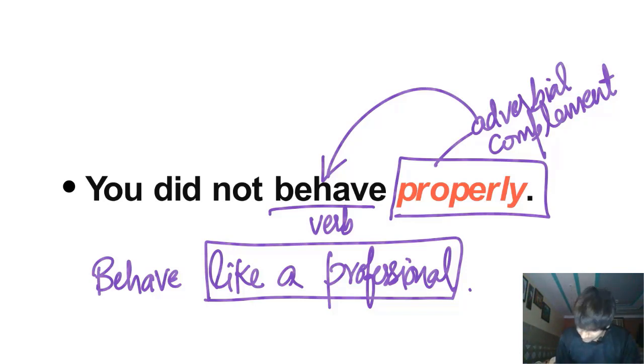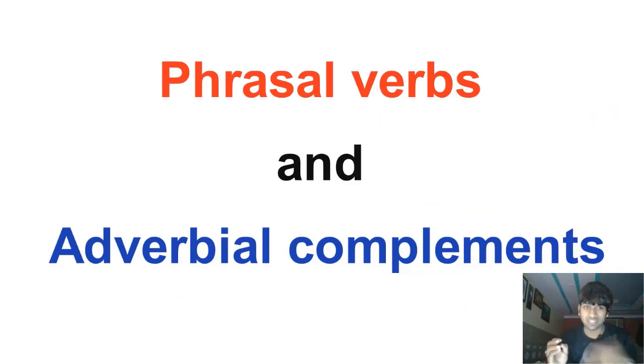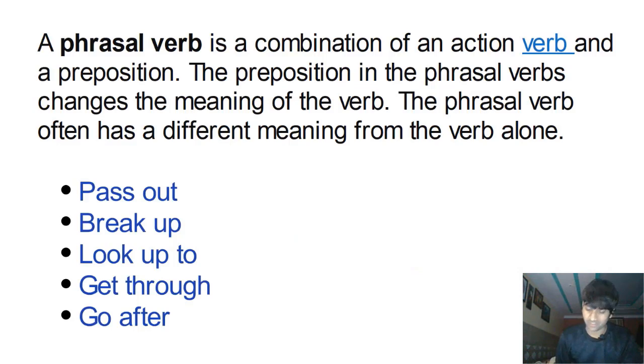All right. Now, phrasal verbs and adverbial complements. What is the relation? Let's talk about it. Now, what is a phrasal verb? It is a phrase which is a combination of an action verb and a preposition.